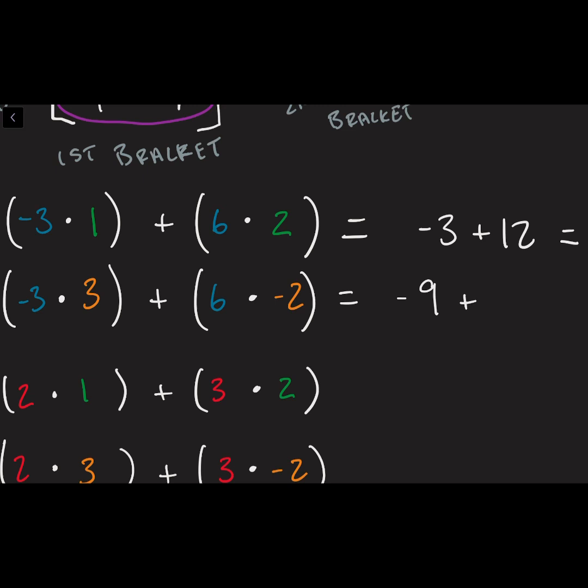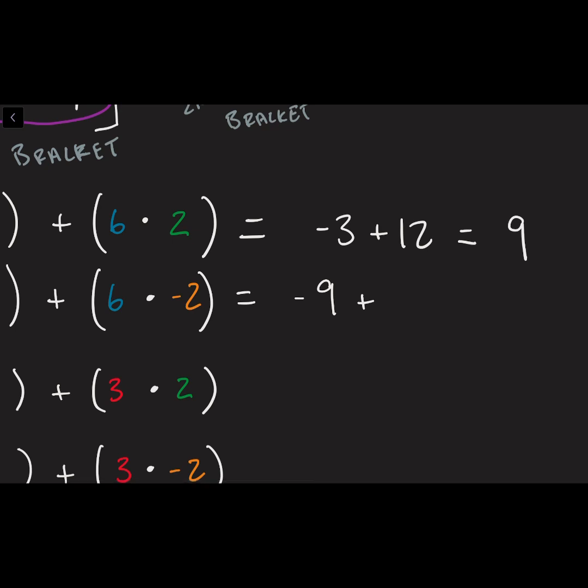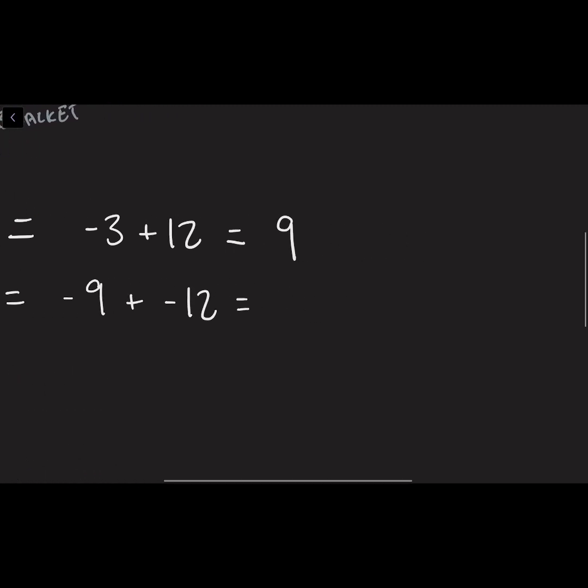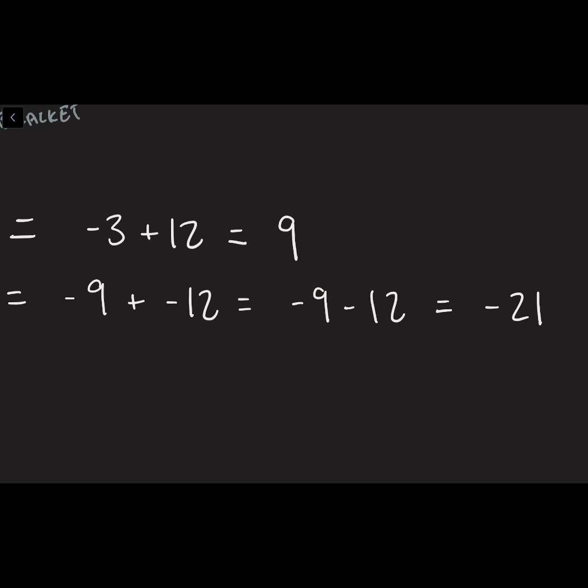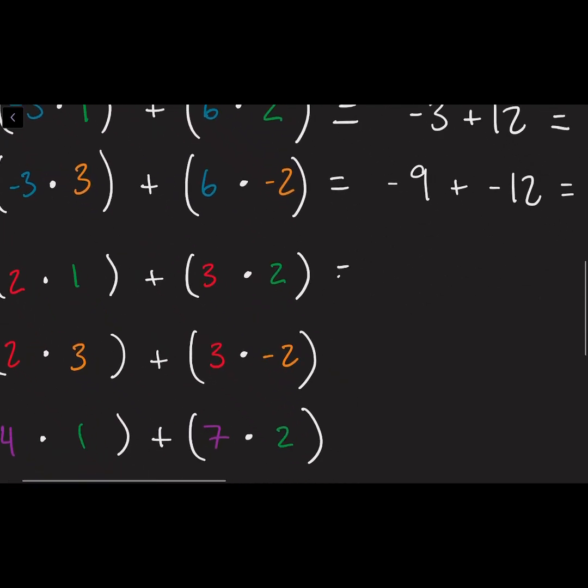Plus, we got 6 times -2. 6 times -2 is going to be a -12, which is going to give us -9 minus 12, which is going to give us a -21. So now we move down. We have our second row, first column.